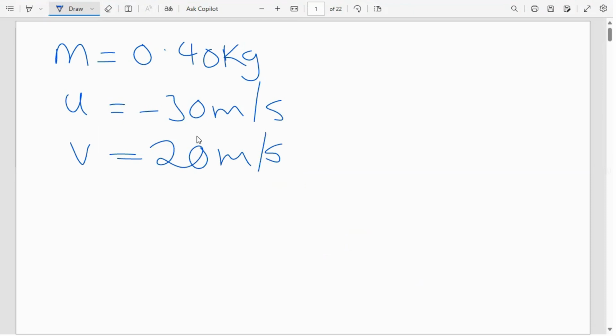So what is the definition of impulse? Impulse is actually the change in momentum. We can represent it using this formula: I is equal to delta p, the change in momentum. And the formula for momentum is just mv.